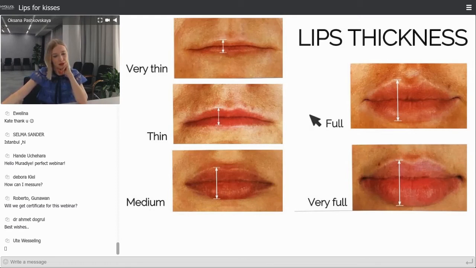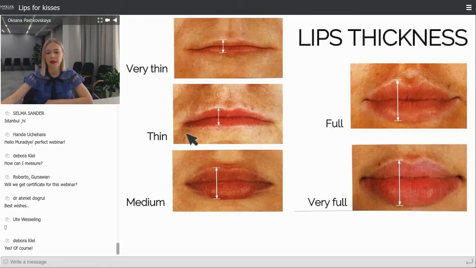So please text, and while you are texting now, I would tell you that really, if our patient has very thin lips, we could inject filler and make them thicker, and after maybe a second step, after a second procedure, we could achieve medium volume of the lip.